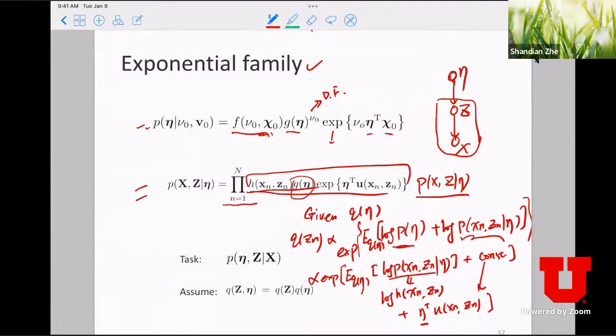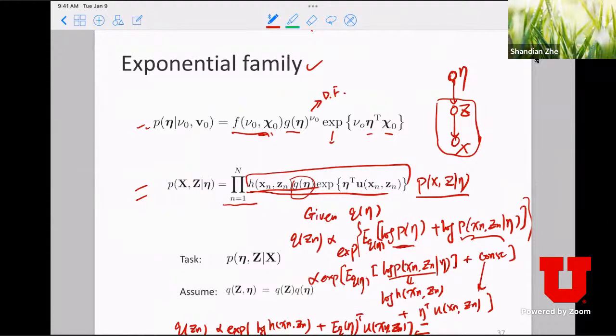So that means after the rearrangement, this term is pretty easy. Just exp of the logarithm of this h xn Zn plus the expectation of eta, right? Transpose your sufficient statistics. Right? This is your updated Q of eta. Oh, sorry, Q of Zn. And this, if you take exp, of course, it's still an exponential family distribution, right?